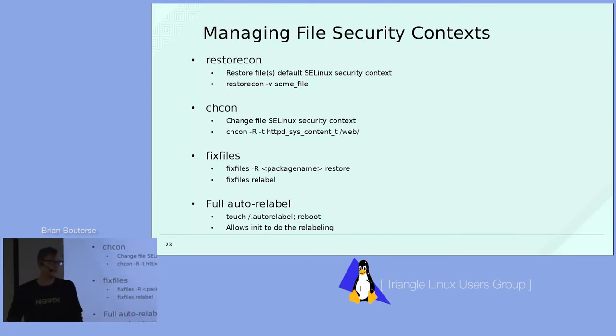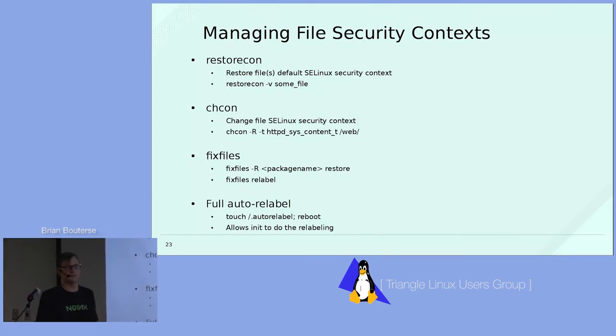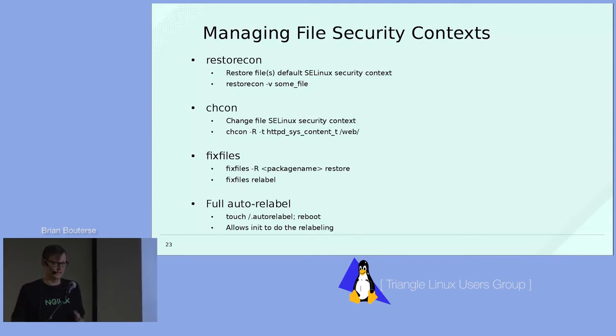This is an example: if you've configured Apache to serve from /web/, which is not the default place, the normal HTTPD policy won't know that files in /web/ are supposed to receive the label that would allow them to be read by HTTPD. So as an admin configuring the system, you could manually apply that label, and then a process with the domain httpd_t will be allowed to read that content. So chcon lets you apply a label of your choice.